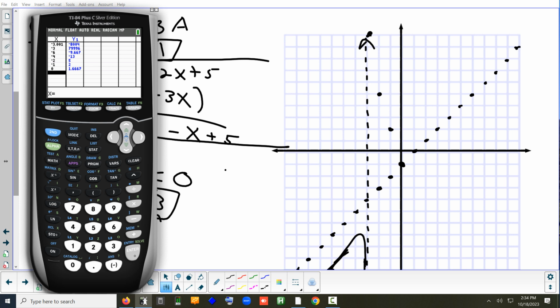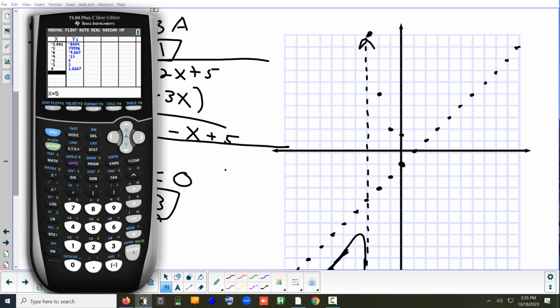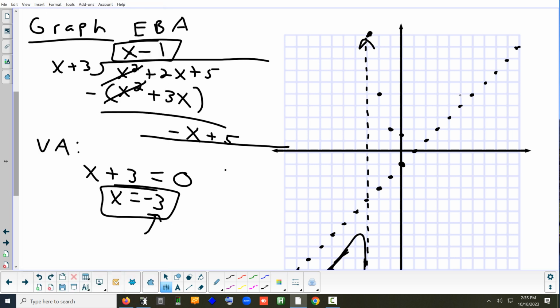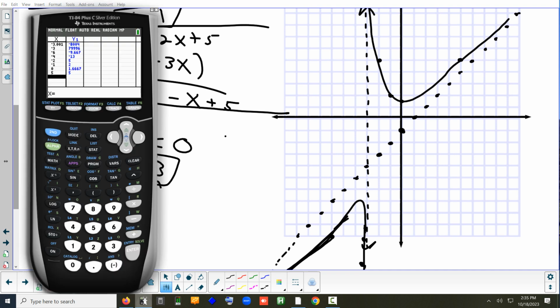Kind of want to get further to the right. So 0, 1.6. Let's try 5. Okay, so what's happening here? It's kind of coming down. It's curving. And then it's going to get closer and closer and closer to that dotted line. All right, so that's what I think it should look like.